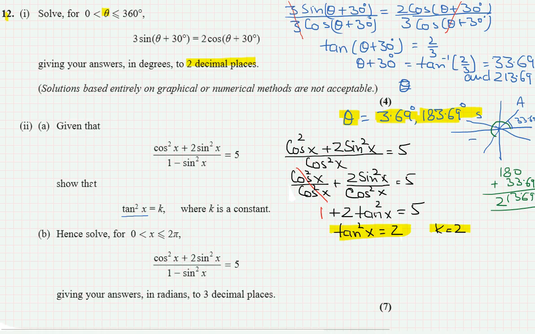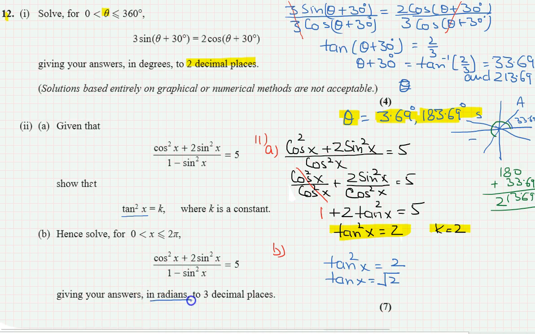That was part A. Number 2, part B. Solve for x, the same question. You have to solve this one. So tan square x is 2, tan x is equal to root 2.